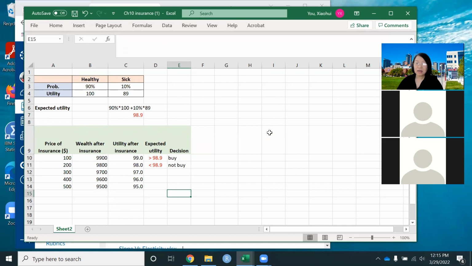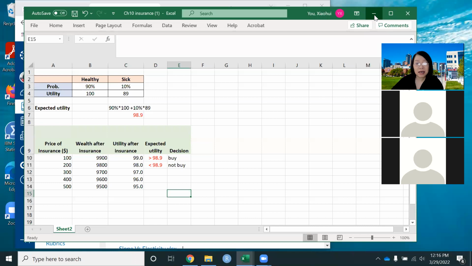For a healthier individual, they will have higher expected utility, so normally they wouldn't buy. But a very sick consumer will have a lower expected utility, so all these values will be greater than their expected utility, so they will buy. That's the reason.